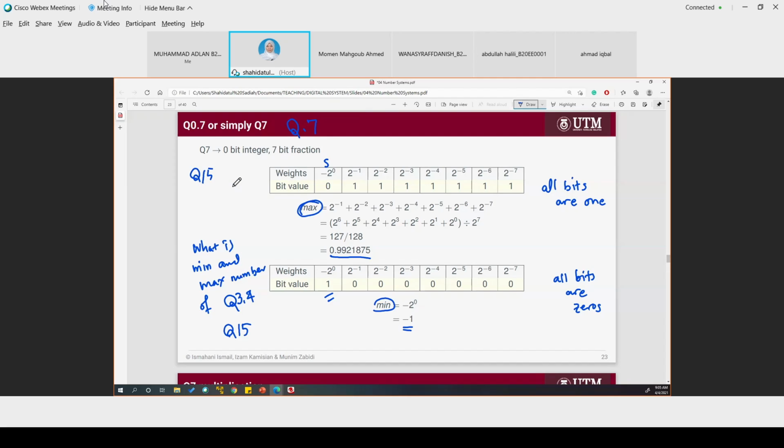That's why you will see later in your test and in your final, the questions will be more on Q15 rather than Q7. But it will take a long time, so you might need to practice more.